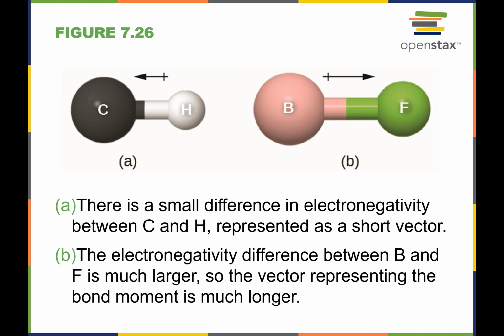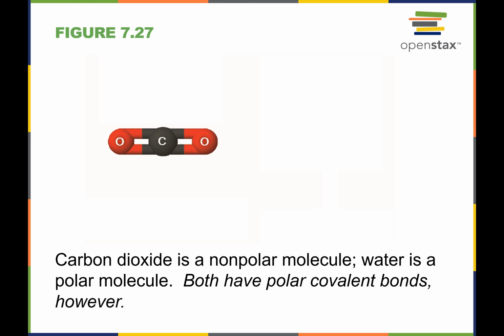And so which of these two, carbon-hydrogen or boron-fluorine, has a stronger polarity? Just looking at the length of the arrow, this one. Yep. Stronger polarity, length of the arrow. We could look up their electronegativity values and do a subtraction, convince ourselves of that. But you come up with the same thing.